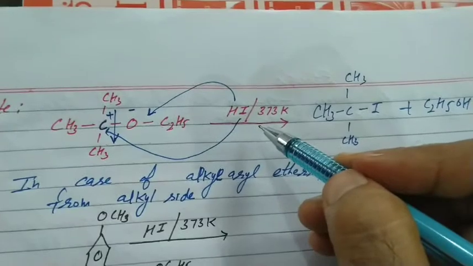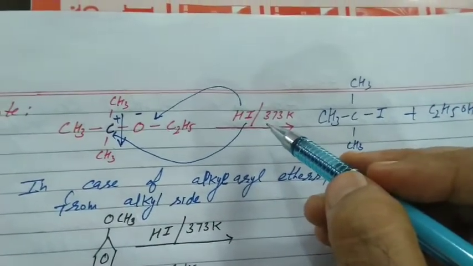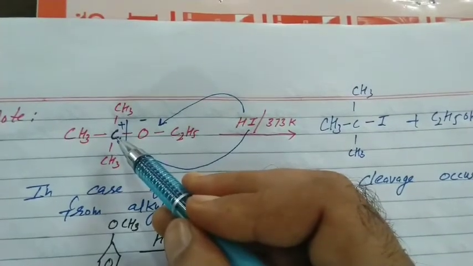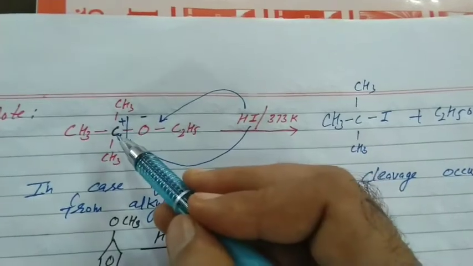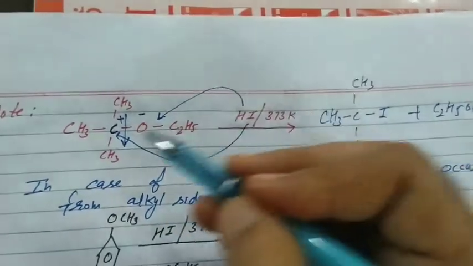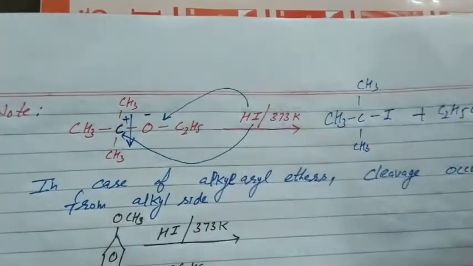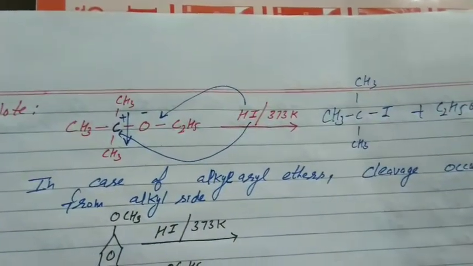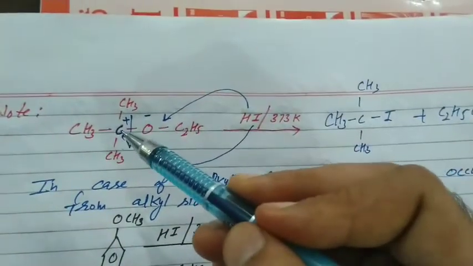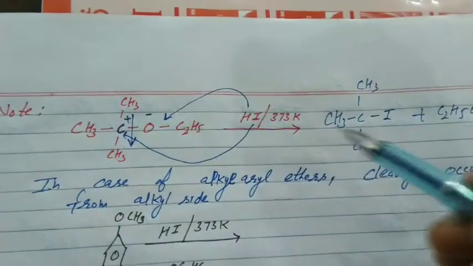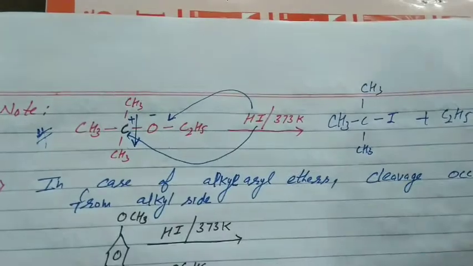Already I told you breakage occurs from the smaller end, but here is an exception because one of the alkyl groups linked with the ethereal oxygen is tertiary, then it gives a tertiary haloalkane plus alcohol. In case the mixed ether is ordinary, breakage occurs from the smaller end. But if one of the alkyl groups is tertiary, then definitely a 3 degree haloalkane is obtained. Please add it to your knowledge.